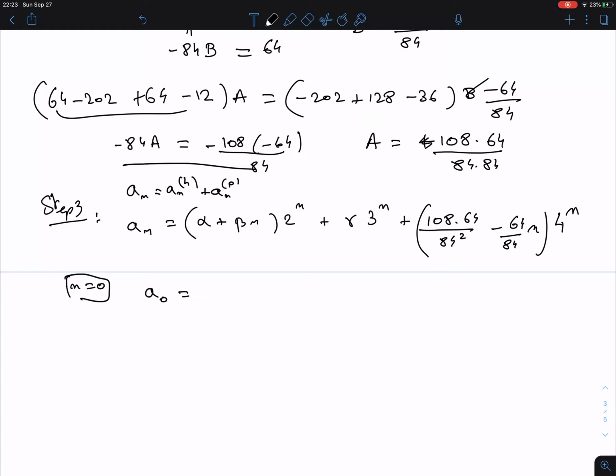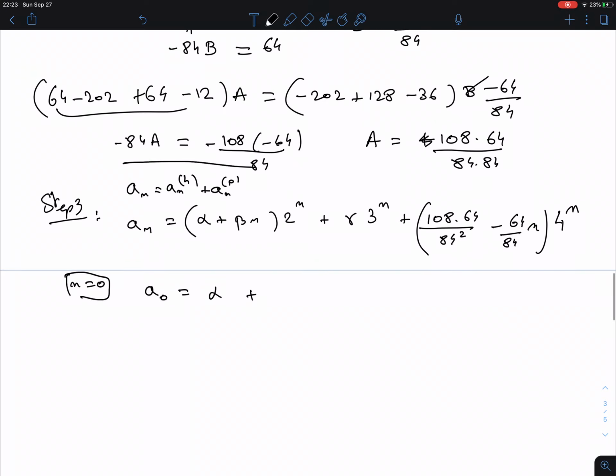So a_0 would be then alpha, the beta is gone, 2 to the power n is gone, plus gamma, and here we would have that number plus 108 times 64 divided by 84 squared. I'm sure you can simplify this number. Let me see. It's probably not going to be a nice number.